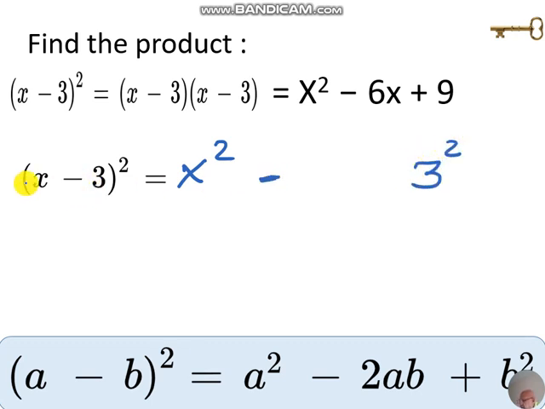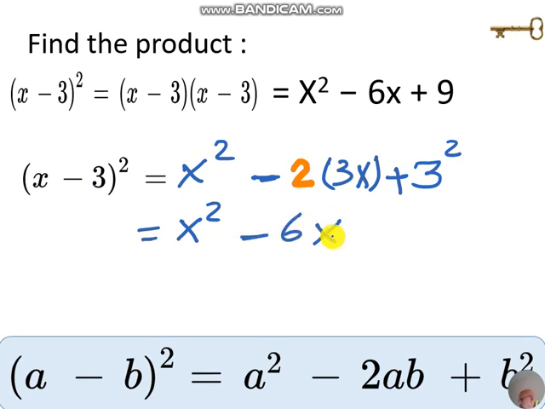I multiply the first times the second, which is 3x, and multiply by 2. Equals x squared minus 2 times positive 3, I get negative 6x, plus 9.